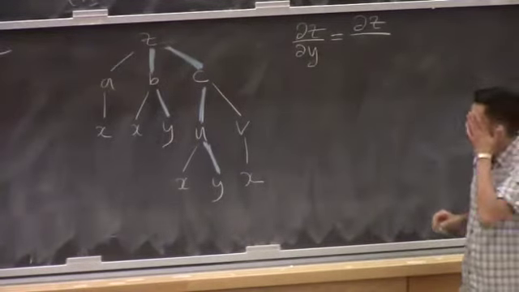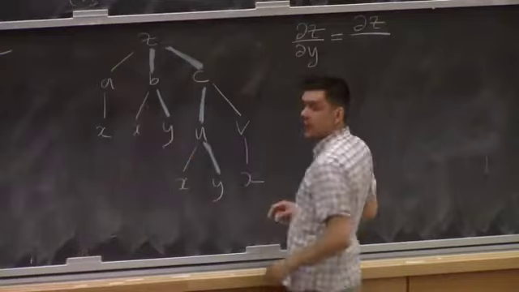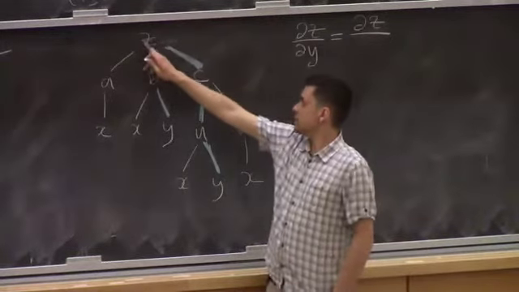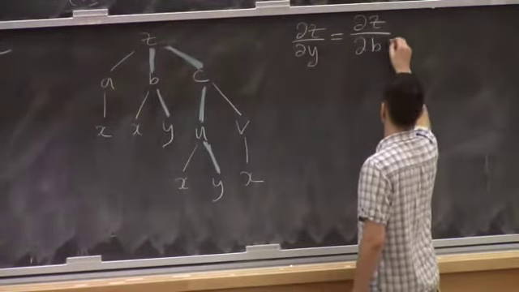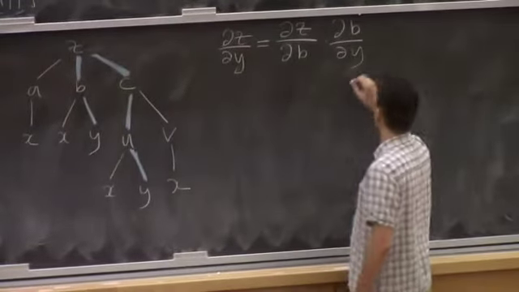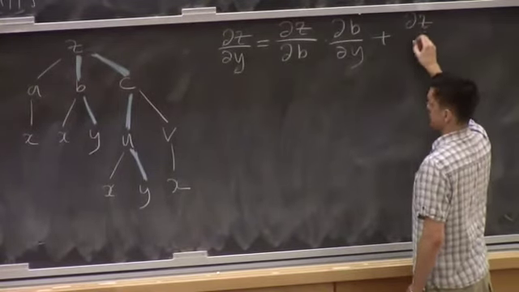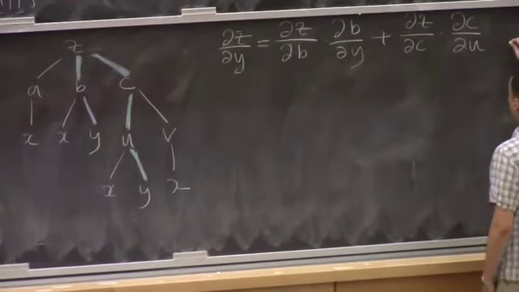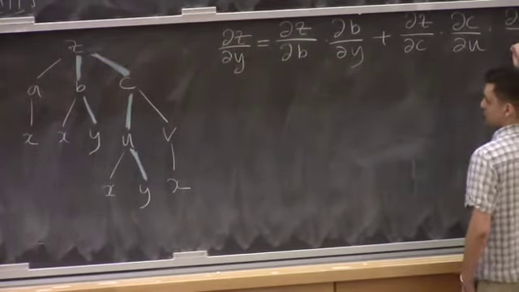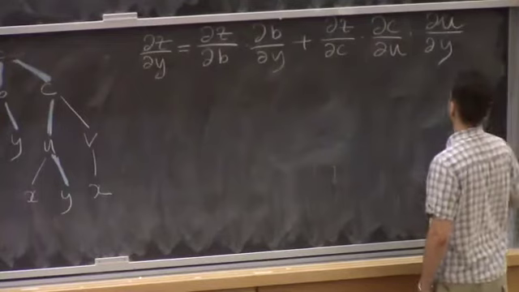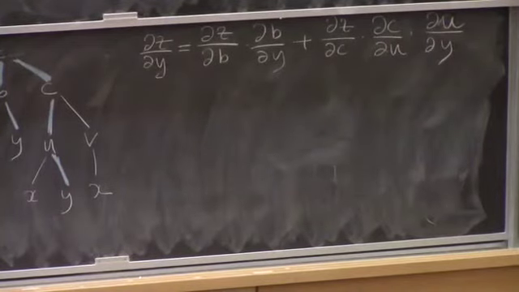Note that this variable A doesn't contribute anything, it's a dead end. So we're going to go ZB, BY, plus ZC, CU, UY. This. Okay, and now we have to work out all of these quantities separately.